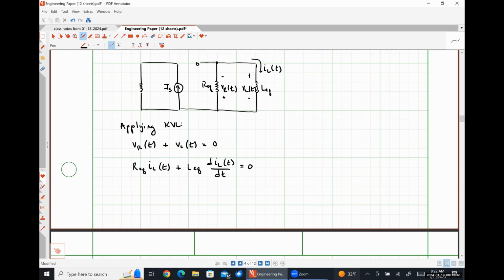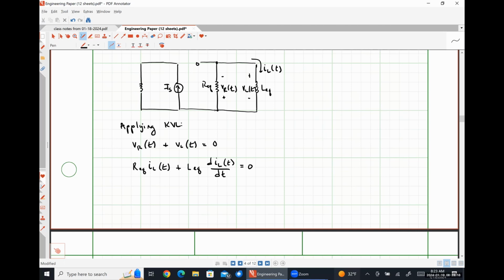So I have some constant value multiplied by my inductor current plus some constant value multiplied by the derivative of my inductor current, and somehow these things have to equal 0. So effectively what I'm looking for is a function where the function itself plus its first derivative needs to come out to be 0. So what function and its derivative have the exact same form?